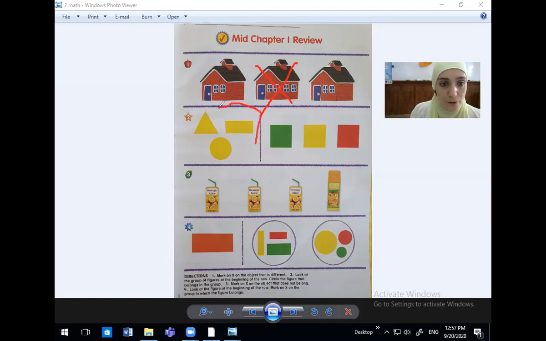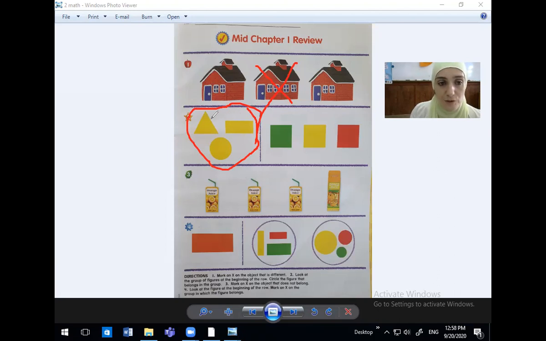So we look at this group and circle the figure that belongs in the group. So which figure we can find here that was here in this group? Which figure here, similar, alike to one figure from, would fit to this group?